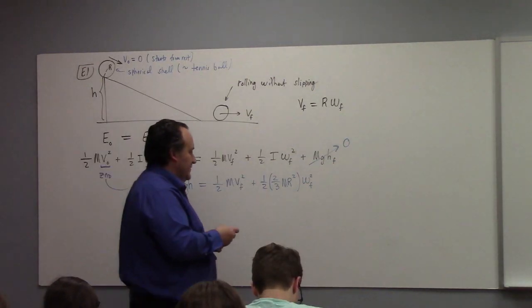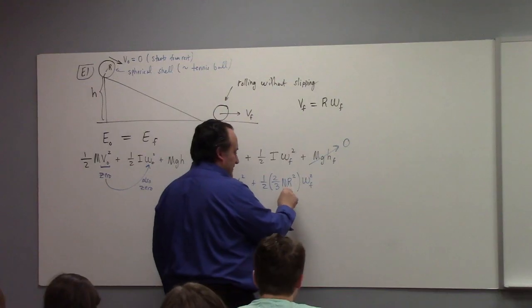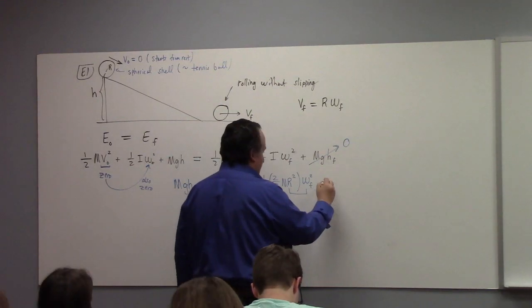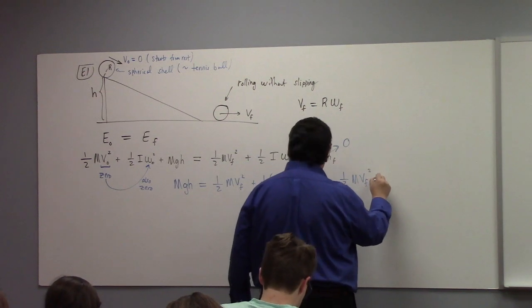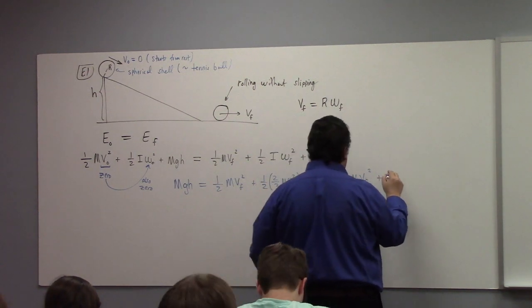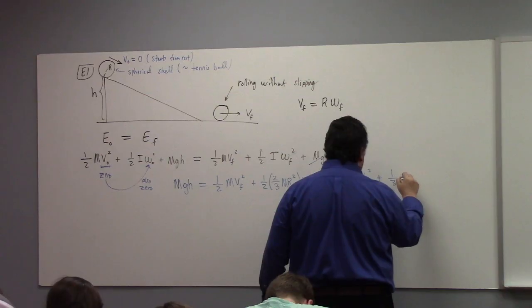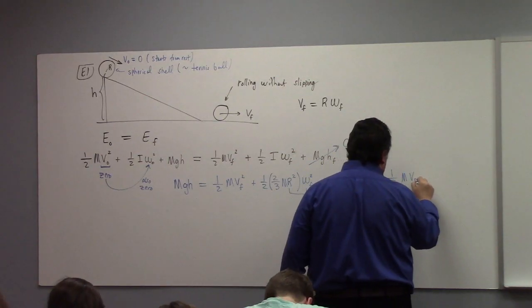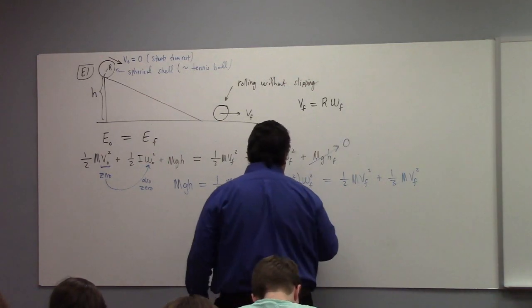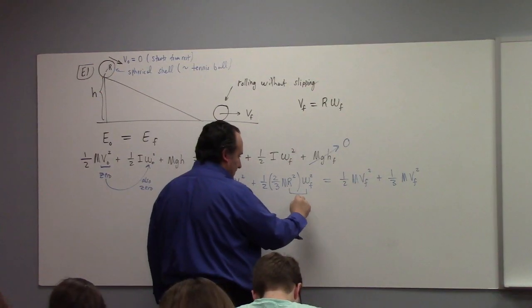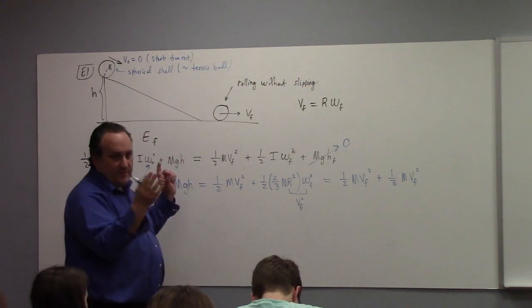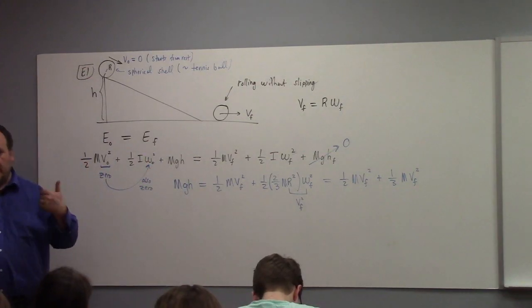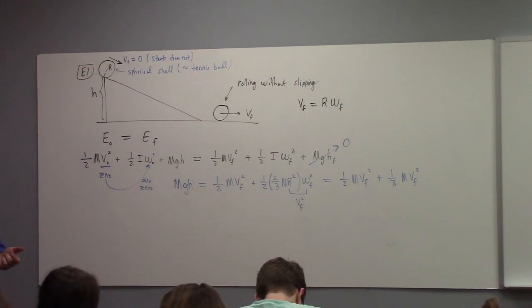Did you guys notice what this is? Twos canceling. This is Vf squared, is it not? Because I've got an r and I've got an omega, you multiply those together, you get a Vf, you've got two of them, you get a Vf squared.